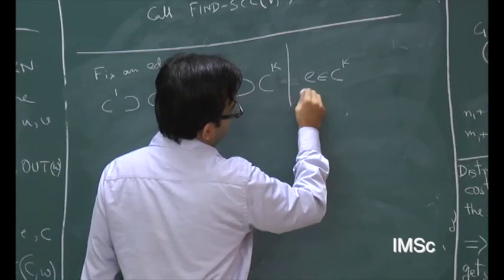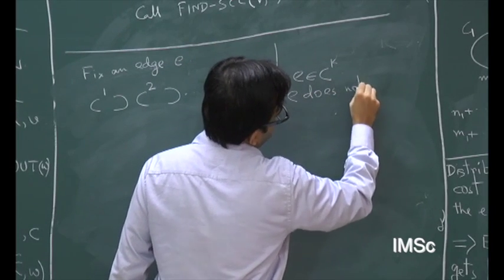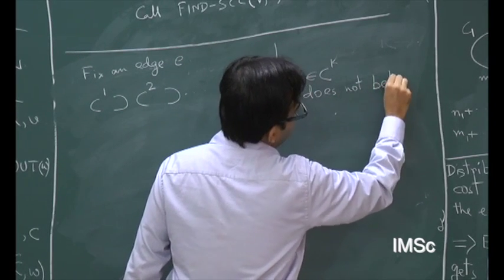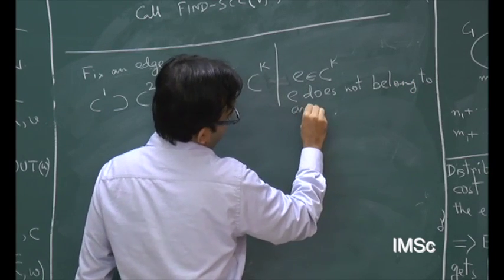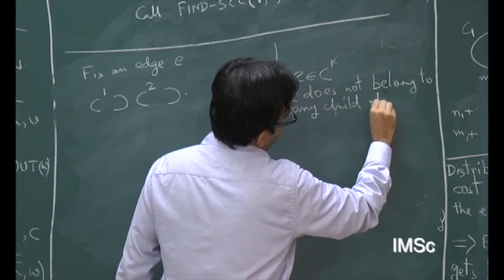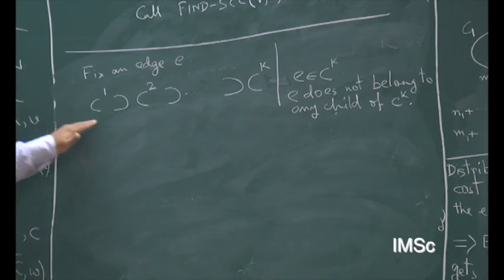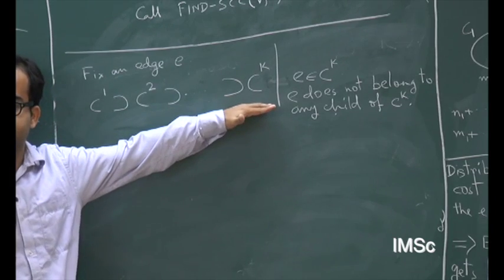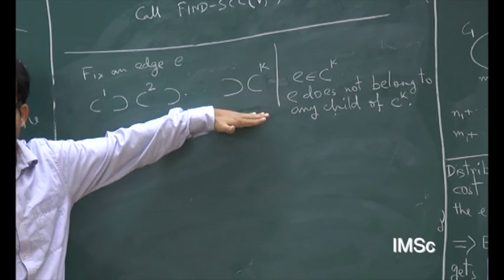And E does not belong to any child of this component Ck. And note that this sequence is determined in advance by the update sequence. This is not random, this is deterministic.